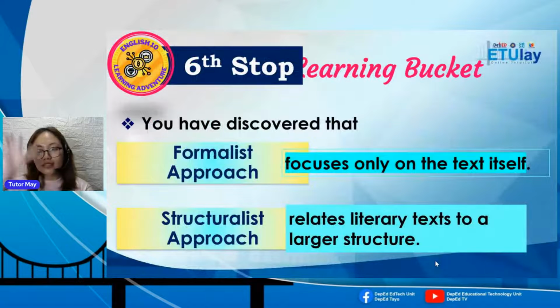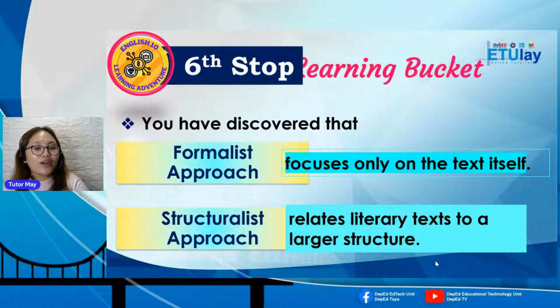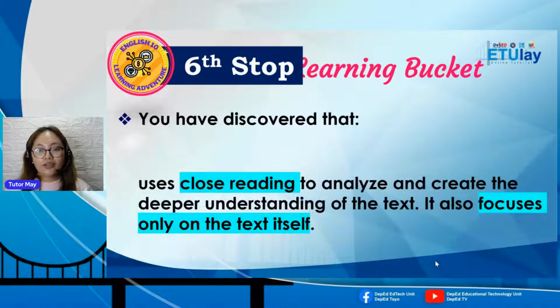Okay, so let's summarize what we learned today. Formalist approach focuses on the text itself, the form of the text. Structuralist approach relates literary text to a larger structure, interconnectivity, the connection of one text to another.